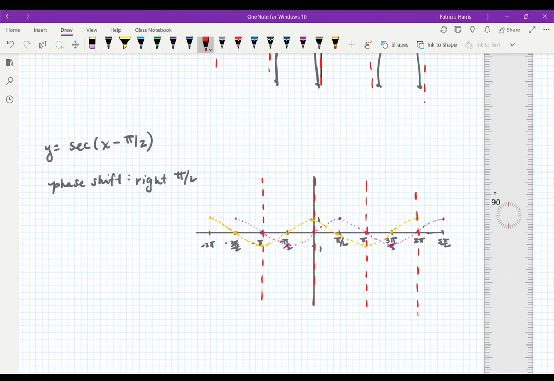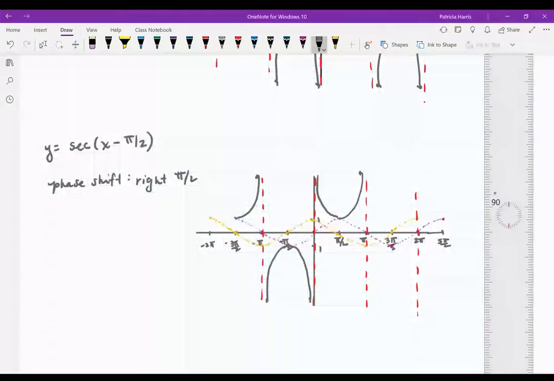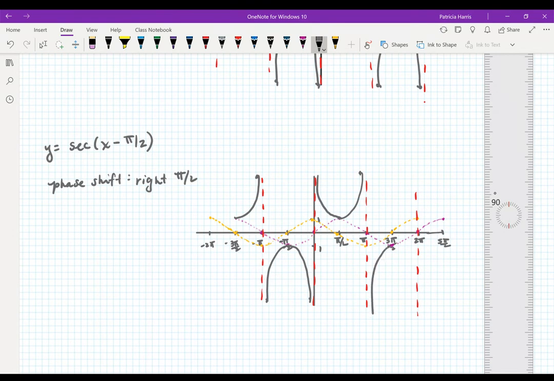Interesting. Isn't that kind of cool? But again, you guys know that I'm a little weird. All right, here we go. Let's do our graph. And there we go. It's perfect.